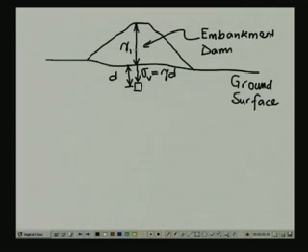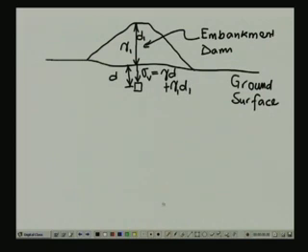So this has got a unit weight of gamma 1, and this depth is say d1. So what you have got here finally is a pressure of gamma 1 d1.